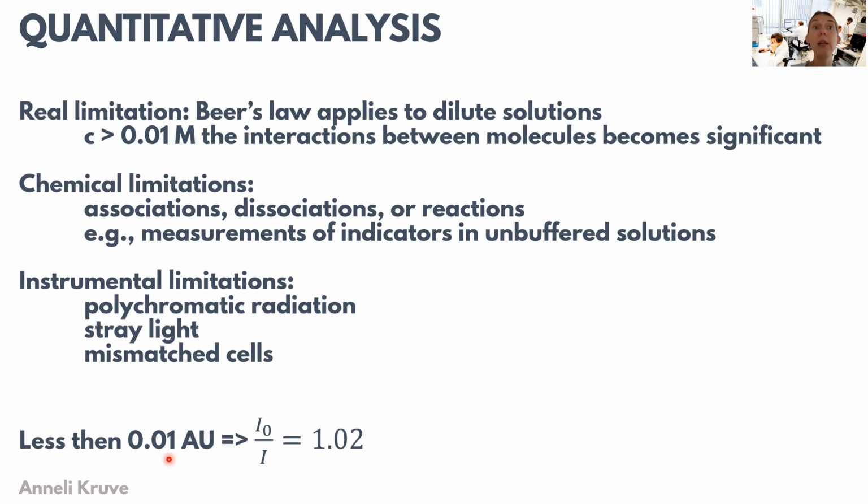So when we are dealing with absorption with very low absorptivity, for example 0.01 absorption units, then actually only about 2% of the light is being absorbed by the sample, which of course means that the I0 and I are very, very close to each other, and the reproducibility of measuring the intensity of the light is now determining how low we can go with the absorbance that we can measure.